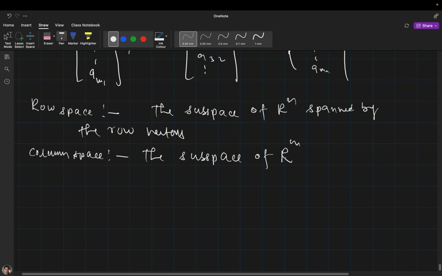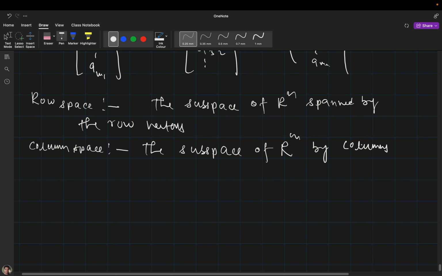Okay, so that's why row space is a subspace of n dimensional real space, and column space is the subspace of Rm spanned by the columns. Fine.